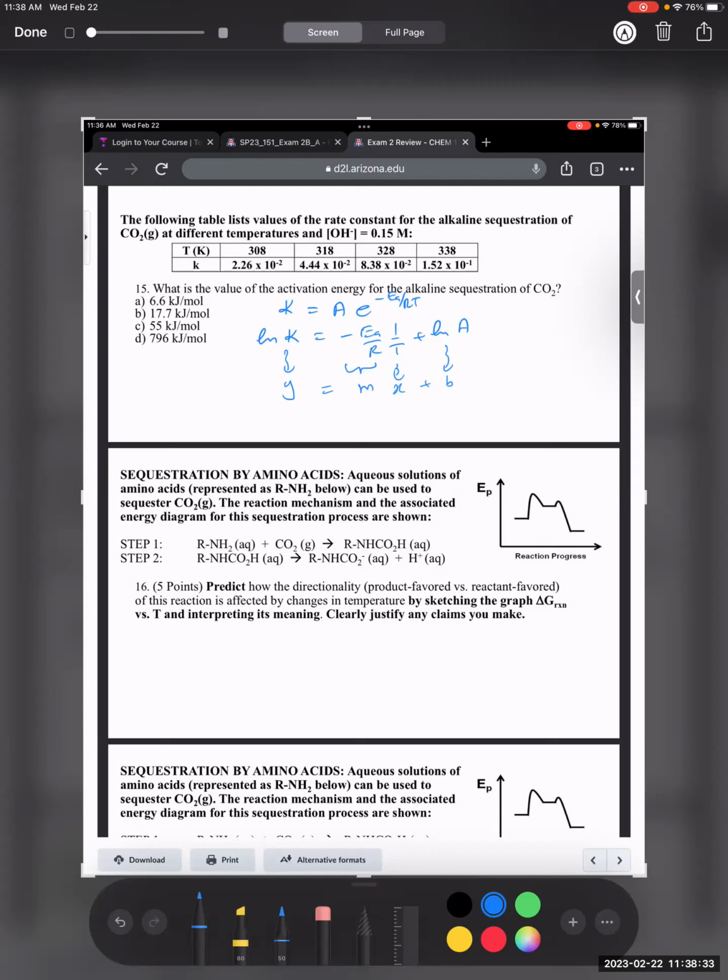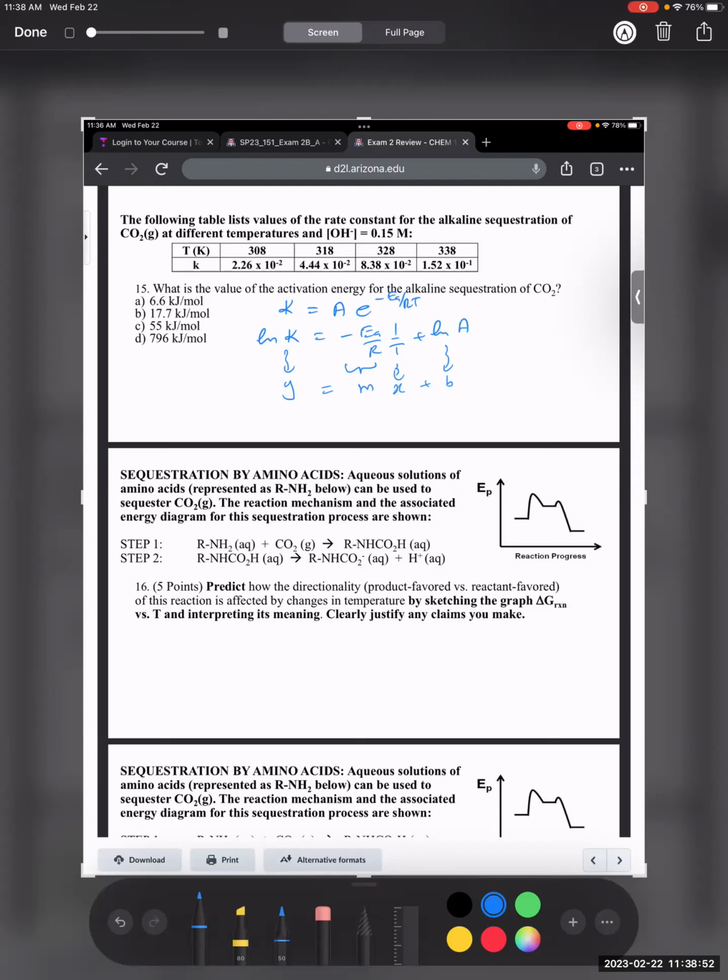And then the last one, 338, is 1.52 times 10 to the power of minus 1. Okay, so I got those values.